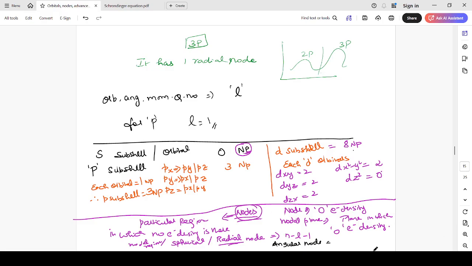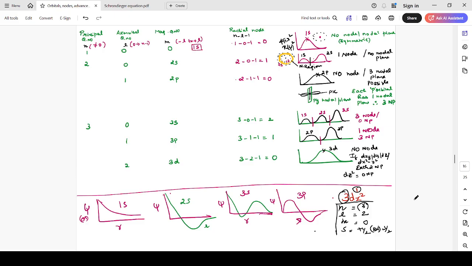Okay, ma'am. Angular node is given by the symbol L here. Radial node is given by n minus L minus 1. Angular node is given by the symbol L here.